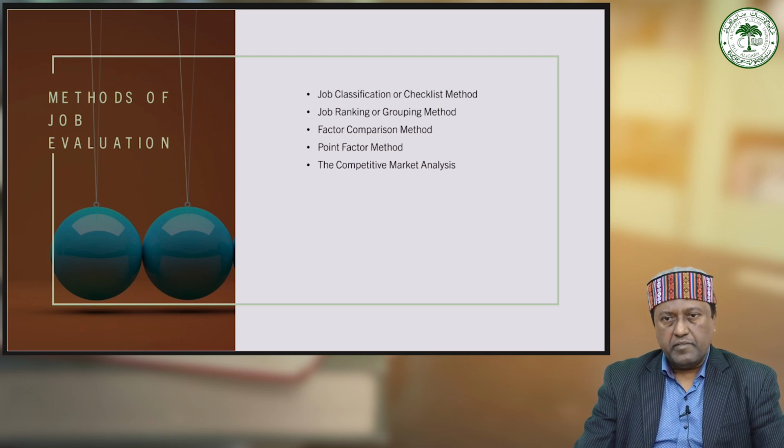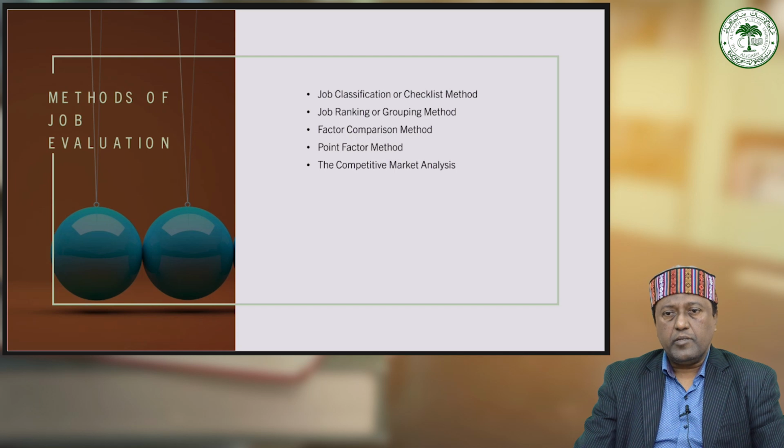And then, subjectivity and consensus. The process of ranking jobs often involves subjective judgment and may require a consensus among evaluators. This subjectivity can introduce biases and variations in how different individuals perceive and rank jobs, potentially affecting the accuracy and reliability of the result.